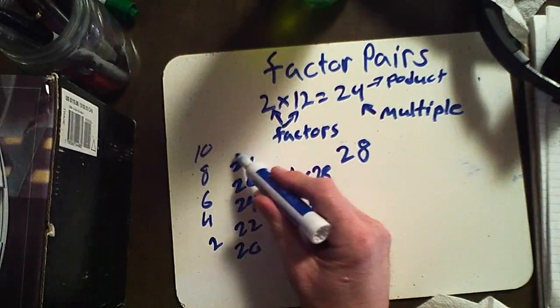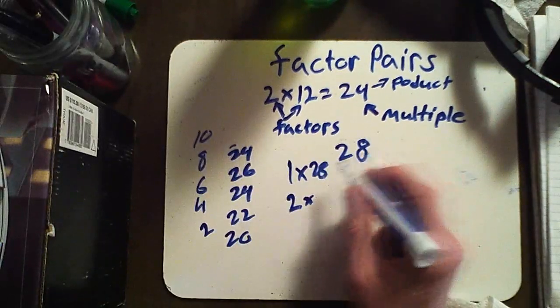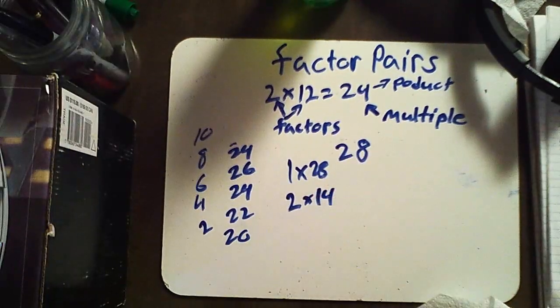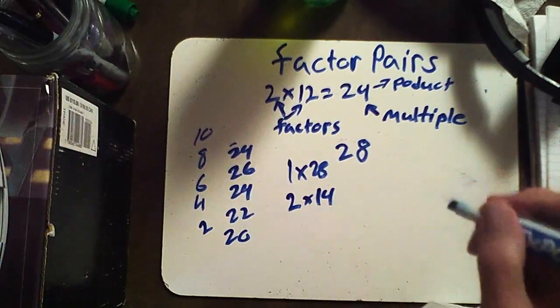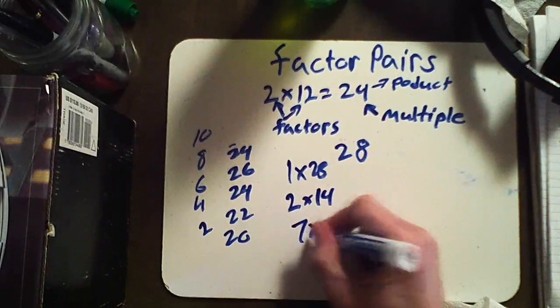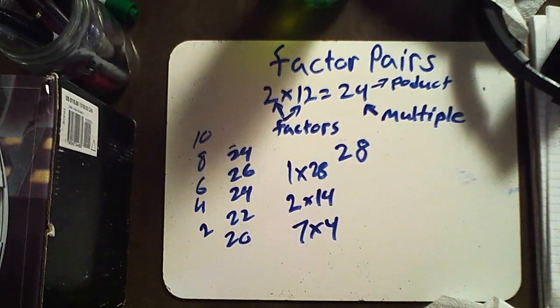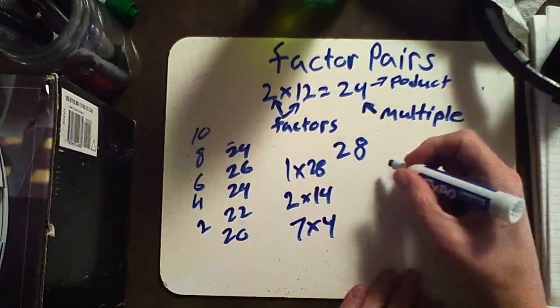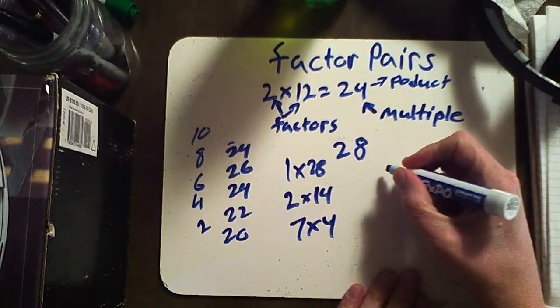So this is 14 groups of 2 right here. So that means 2 times 14 equals 28, right? And then I also know another multiplication fact, 7 times 4. Right? Good. And those are the factors of 28.